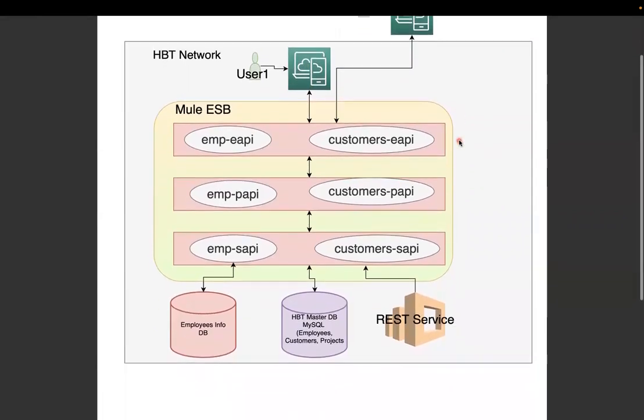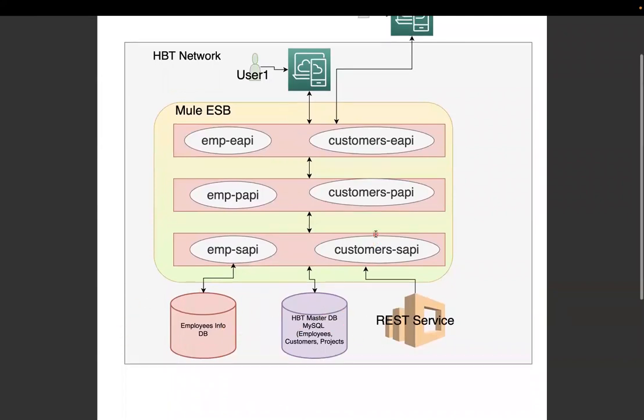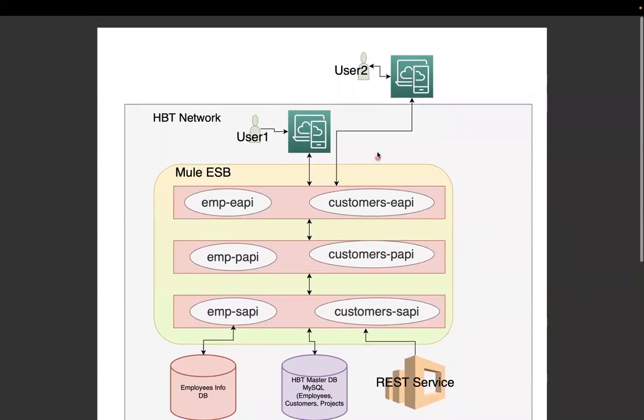So we are going to extract the data from the systems, for example, the employees information database, and also a master database. So consider that one is the simple database, and another one is the master database. We need to expose both databases and extract that information, and that information needs to be served to these applications.